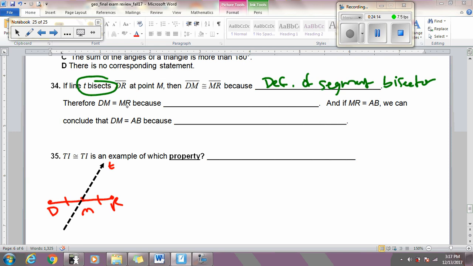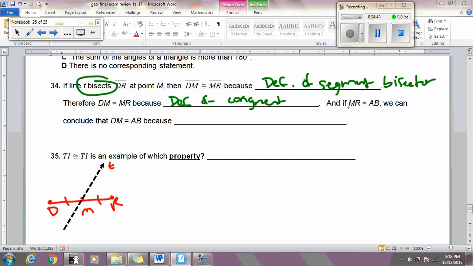Then it says, therefore, the measurement of DM is equal to the measurement of MR. And that's the definition of congruent. The only thing that changed is I dropped the segment bar and the congruent symbol, and now I'm referring to their measurements being equal. And that's, again, the definition of congruent.